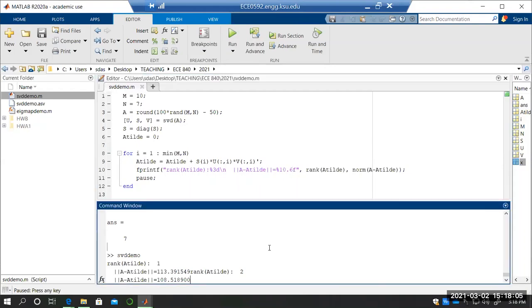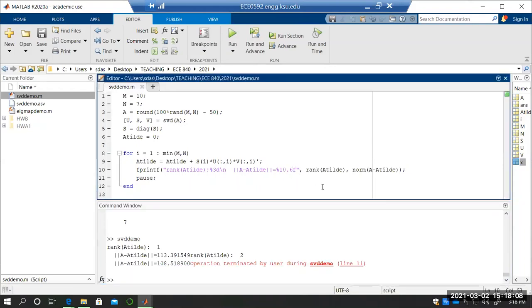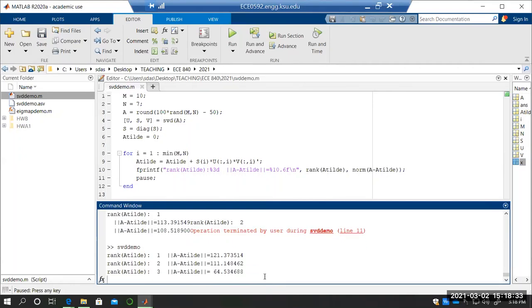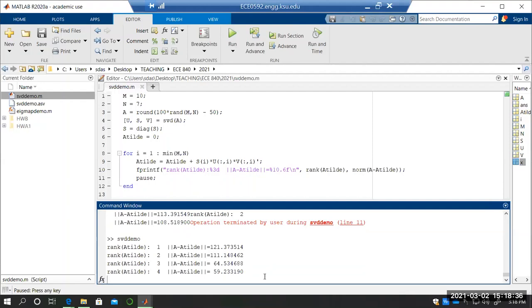Oh, never mind. Backslash n should be 0. Now look at the norm. Okay, this is the L2 norm. What's happening to delta norm? Decreasing, right? Yes. It became 0 because A and A tilde become absolutely equal.